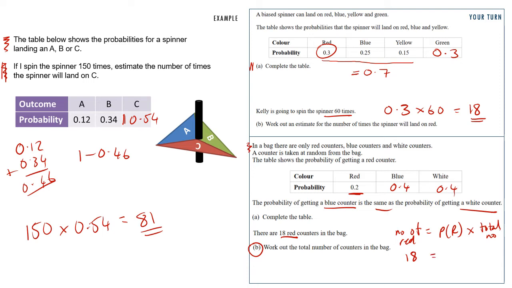We know the probability of red is 0.2. And rearranging this, if we divide both sides by 0.2, we get 18 divided by 0.2. That will give us the total number of counters, and that's equal to 90. We can just check that. 90 times 0.2, yep, that does give us 18.